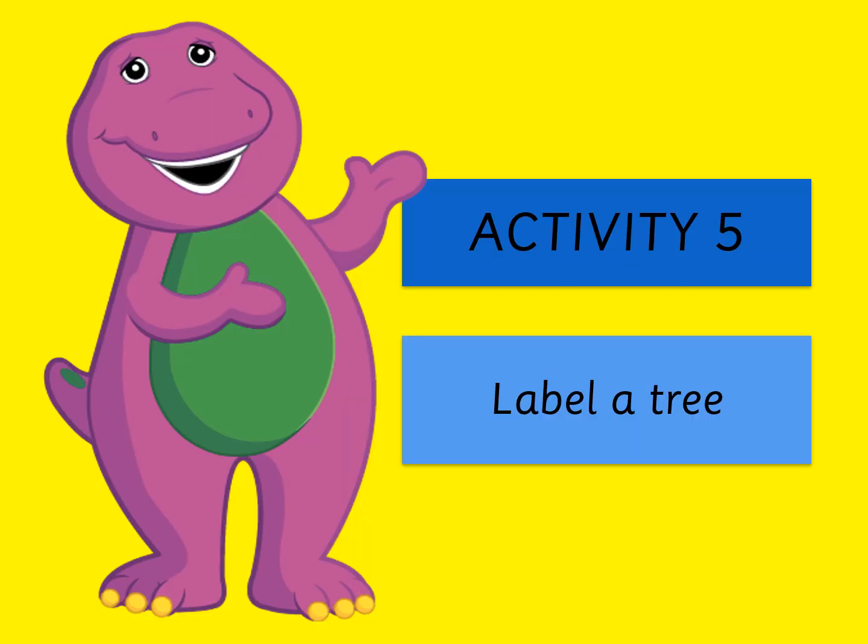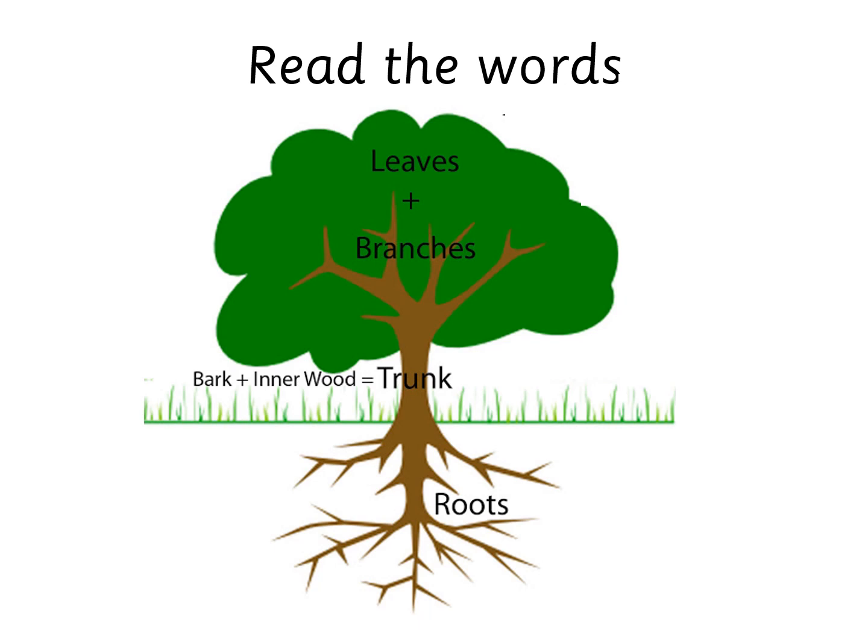Now, let's move on to activity 5, to label a tree. Now, let's read the words. Leaves, branches, trunk.